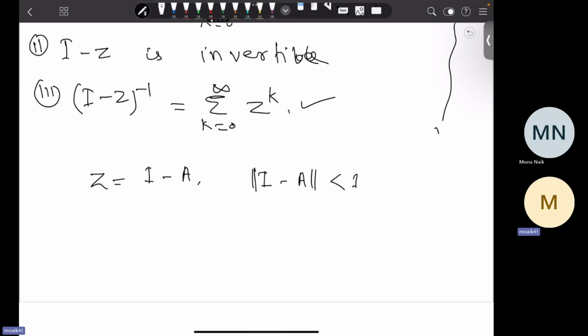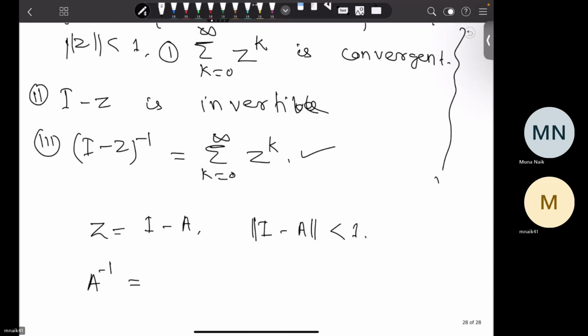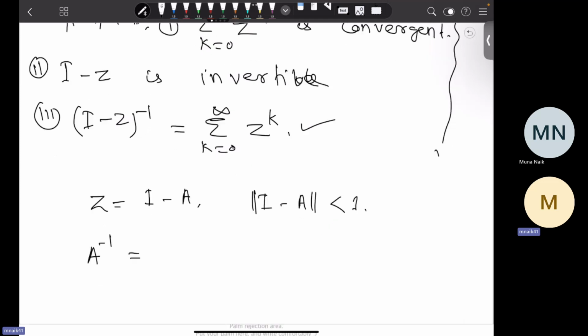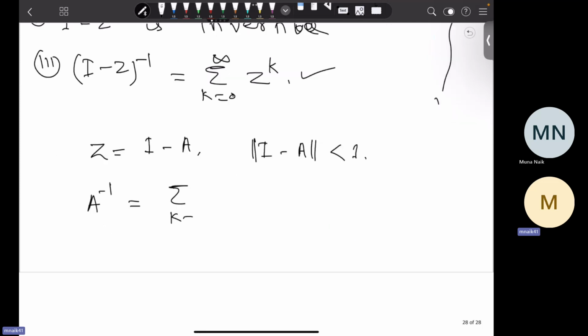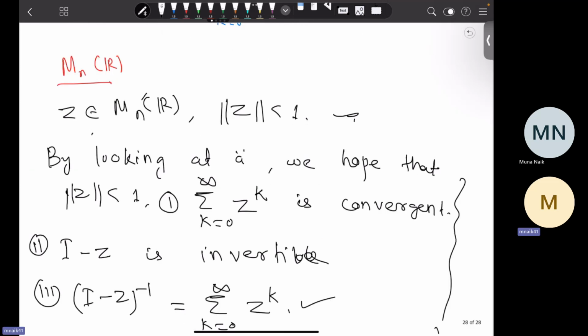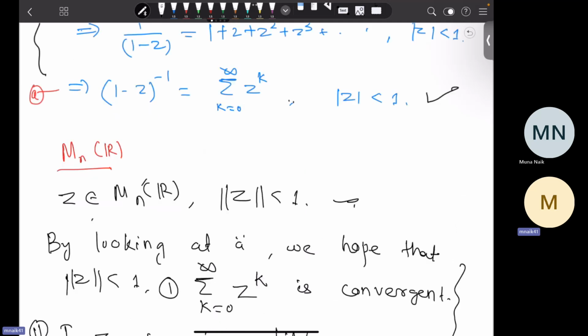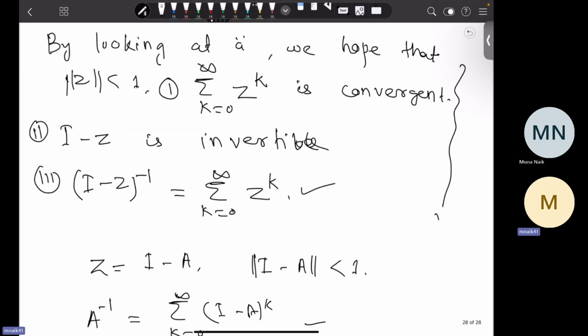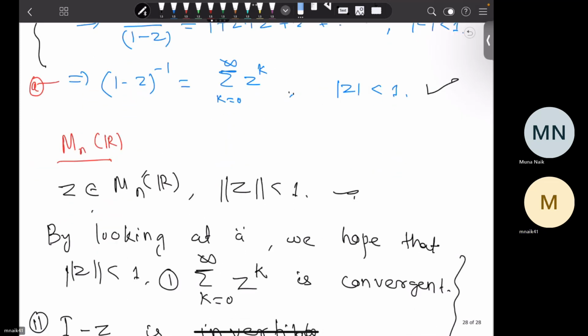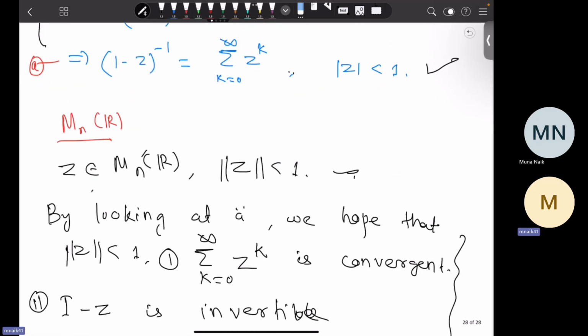If I put Z equal to I minus A, I will get A inverse equal to the sum of I minus A to the power K, K equal to 0 to infinity. That's simple. So this is our usefulness. Let us prove this then. This is the first lemma.